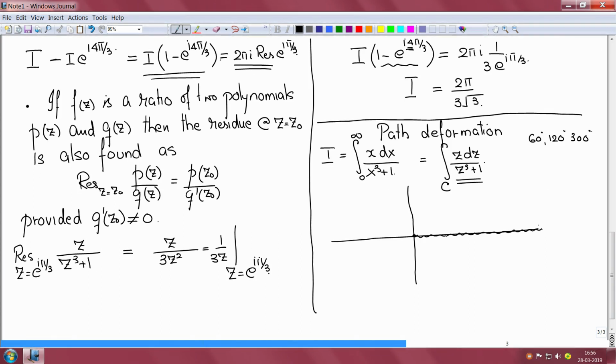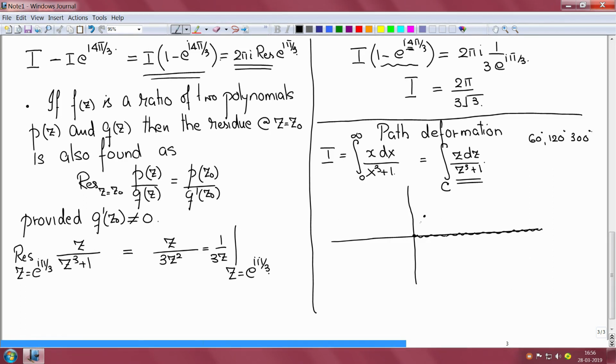And my one singularity is at e to the power i pi by 3. Let me bring it closer. My singularity is at e to the power i pi by 3.